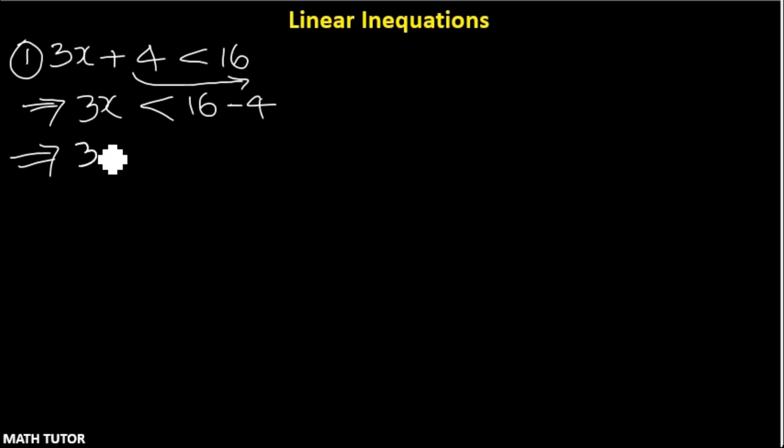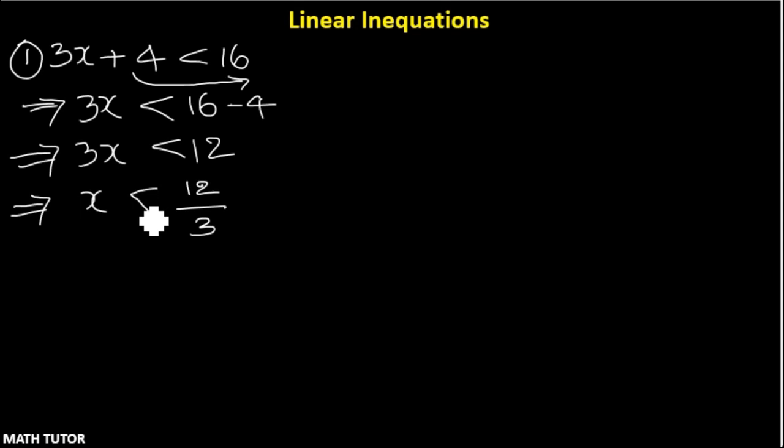So 3x is less than 16 minus 4, which is 12. And x becomes x less than 12 by 3. Here it is a product. If it goes to the opposite side, it will become a division. So x is less than 4. This is how we are going to solve this inequation 3x plus 4 less than 16.